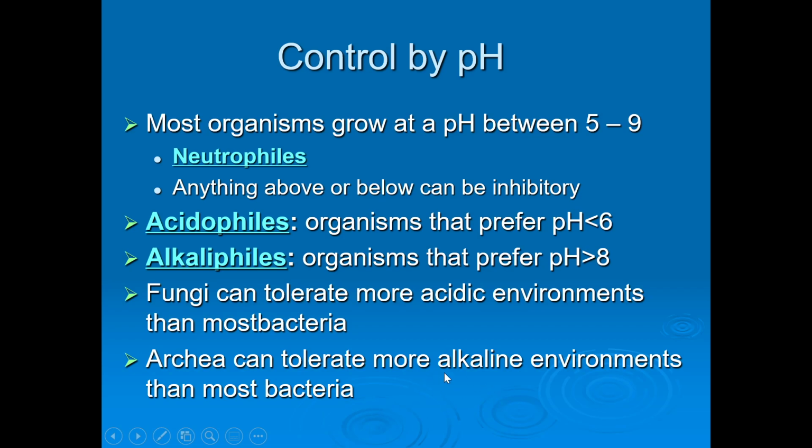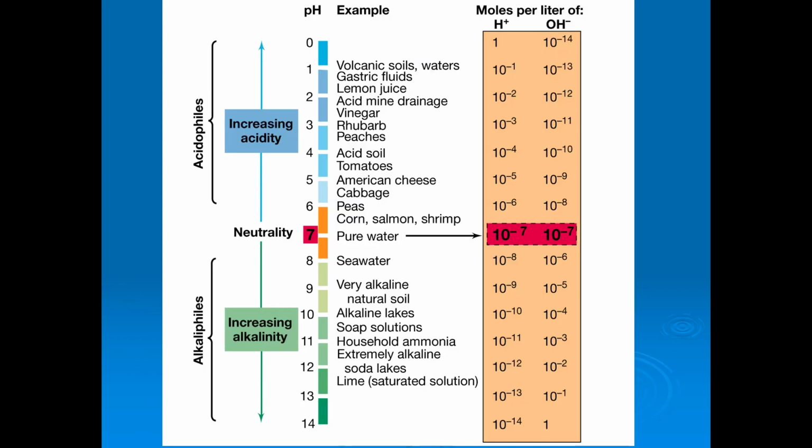Okay, so here's a little chart that is going to show you the different pH numbers. So 0 is the most acidic, alkaline is the most basic, and then you're just going to look at the number, and these are some examples, and that'll tell you.